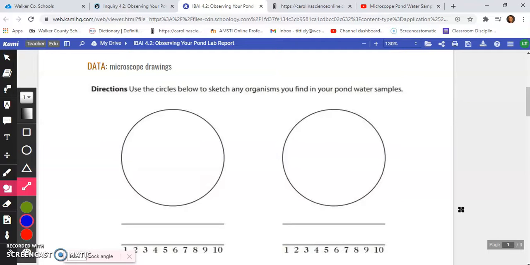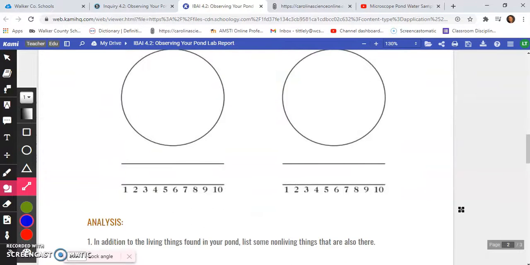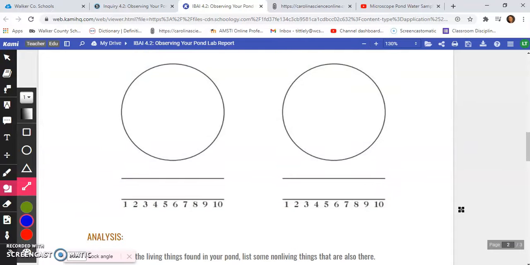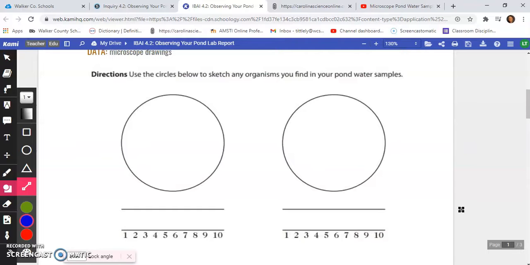samples. Okay, now we're going to switch over to a video of the pond water under the microscope, and that way you can see some of the different organisms that might be swimming in the pond water. Now, of course, we're focusing on the microscopic level instead of all of the macroscopic or larger organisms.